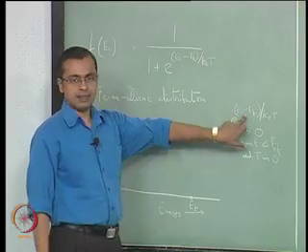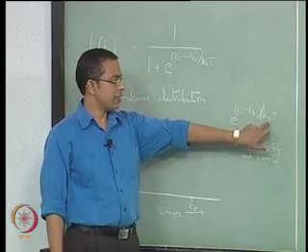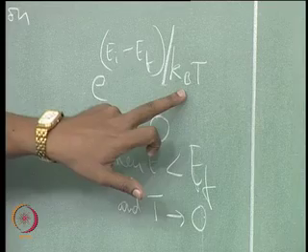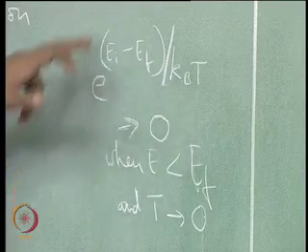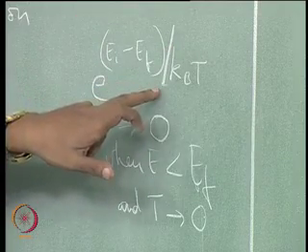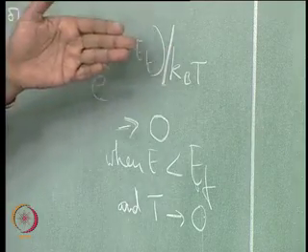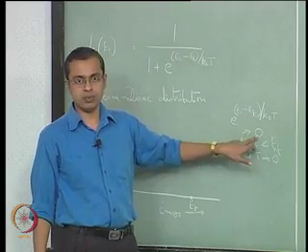E less than EF means this is a negative quantity divided by a value that is approaching 0, which would mean this is tending towards negative infinity. So negative infinity means e to the power negative infinity will make it tend towards 0, right.